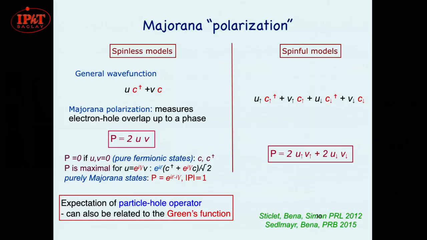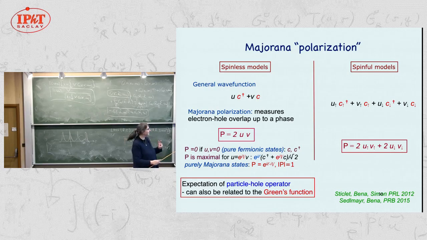Okay, so for a spinless model, it's that. And then if you remember, I told you in the first lecture that in general I don't have to have an equal combination of electrons and holes. I'm free to have a relative phase between the electron and the hole component. And you see that for a state like that, which has a relative phase between the electron and the hole, the polarization acquires a phase also.